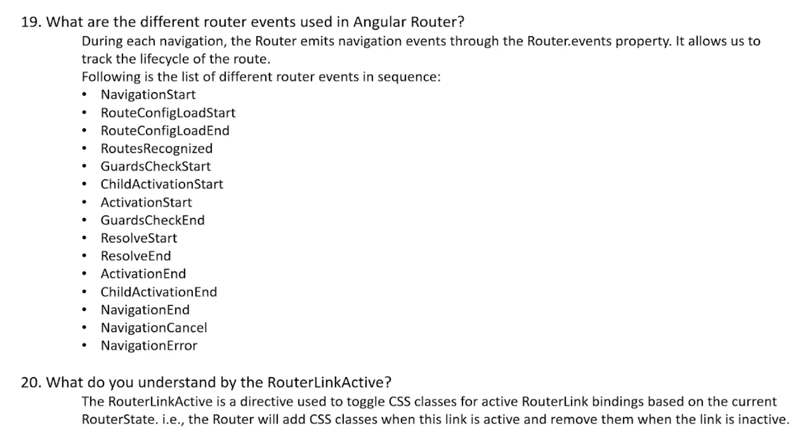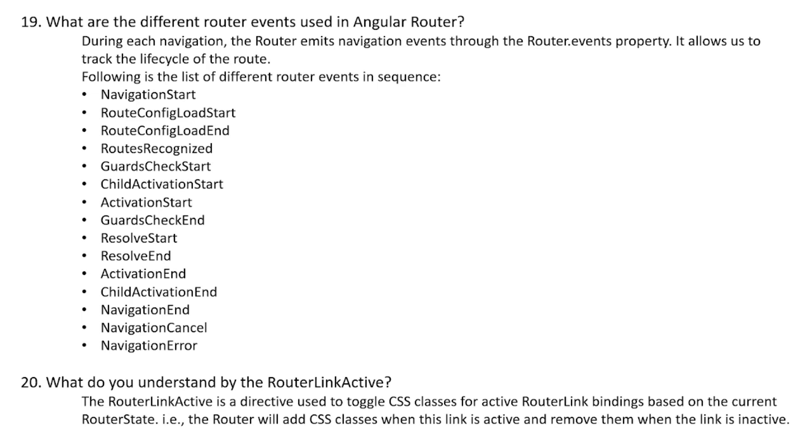It allows us to track the life cycle of the route. Following is the list of different router events in sequence. NavigationStart, RouteConfigLoadStart, RouteConfigLoadEnd, RoutesRecognized, GuardsCheckStart, ChildActivationStart, ActivationStart, GuardsCheckEnd, ResolveStart, ResolveEnd, ActivationEnd, ChildActivationEnd, NavigationEnd, NavigationCancel, NavigationError.